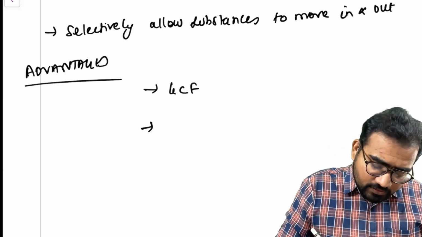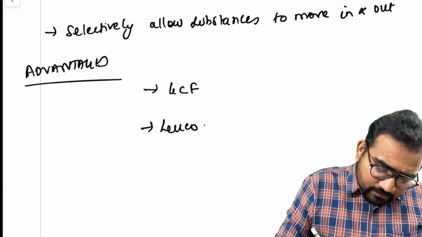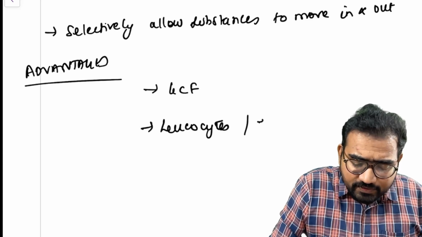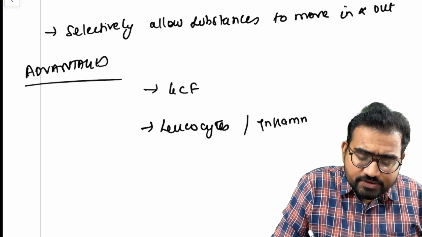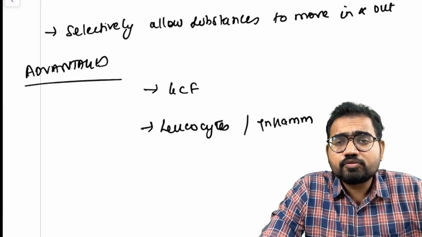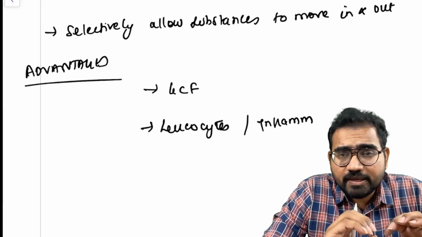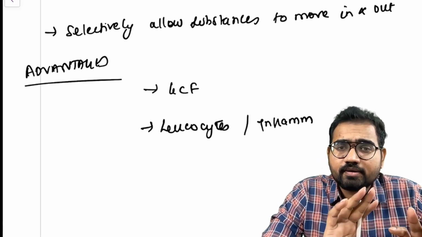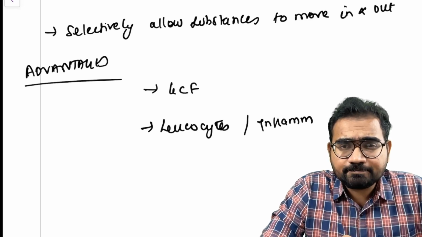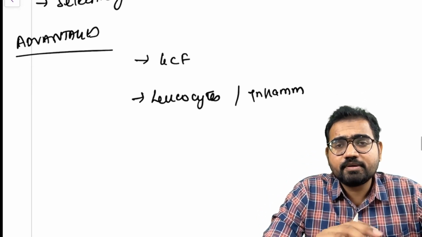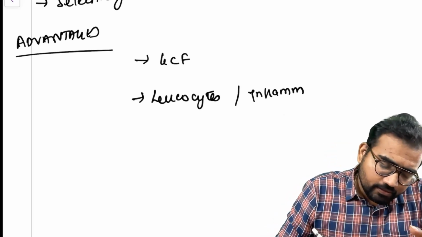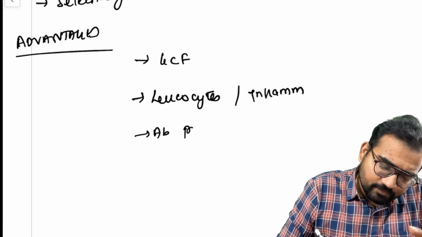GCF contains leukocytes, or inflammatory cells like neutrophils. If there is minimal bacteria, these cells will fight and not allow the bacteria to enter the epithelium. It prevents the patient from having periodontitis. Very good. And antibody production.